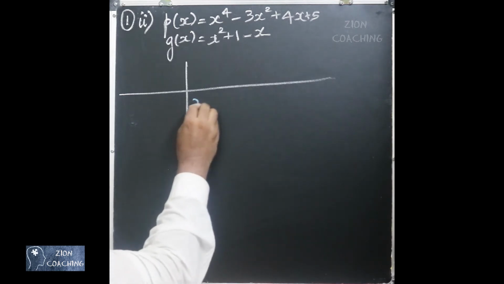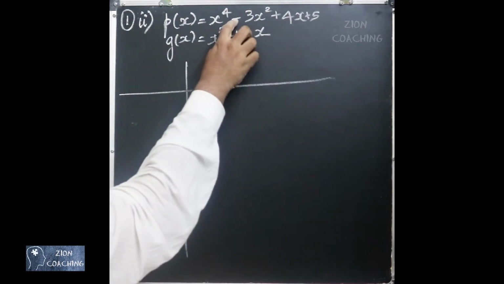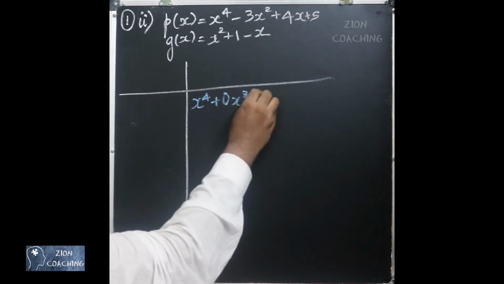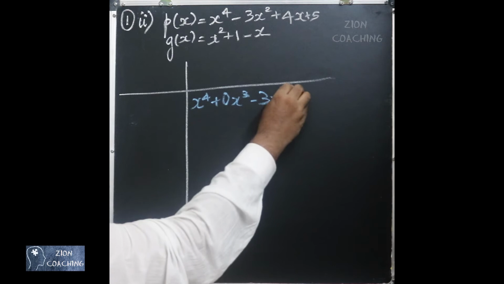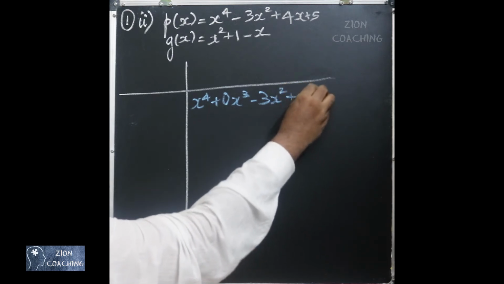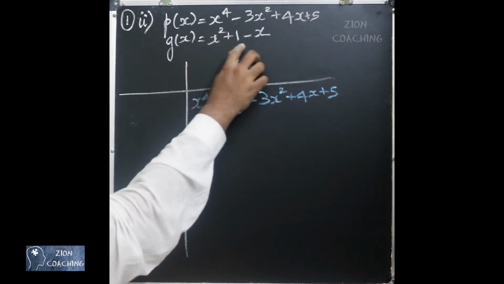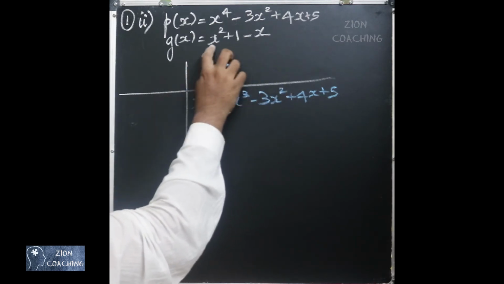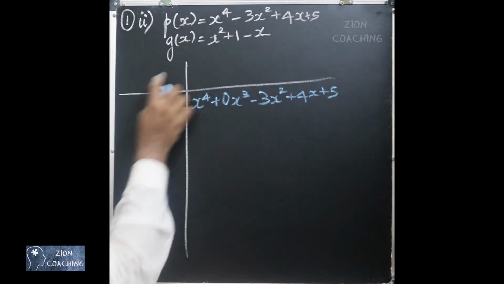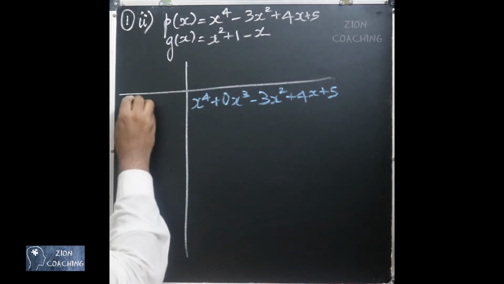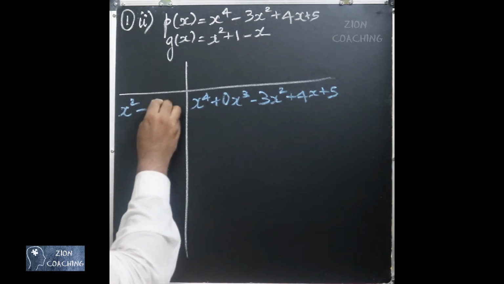P of x is x power 4. X cube term is missing, so we are going to write 0x cube minus 3x squared plus 4x plus 5. Then here it is not in the decreasing order, so we are going to write it in the general form, that is the decreasing order of the variable there, which is x squared minus x plus 1.